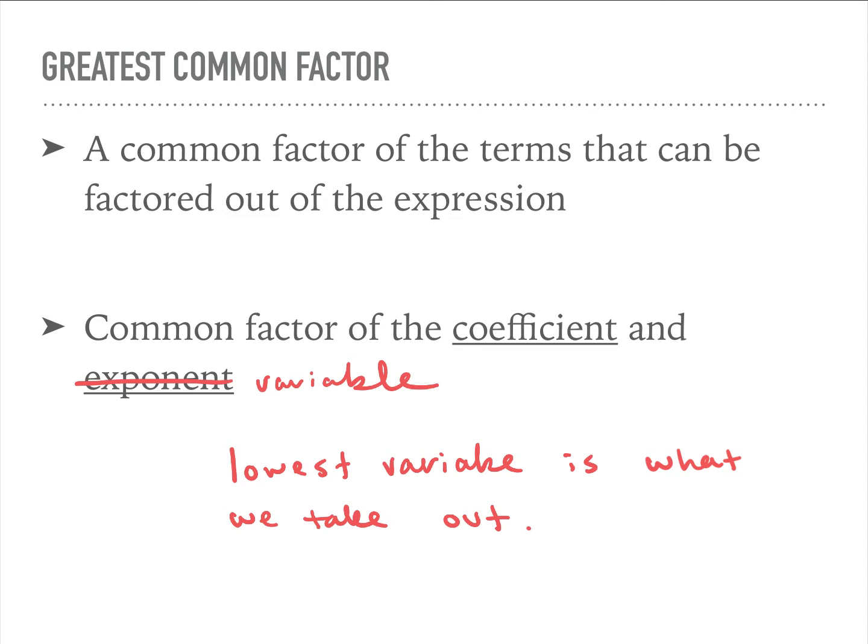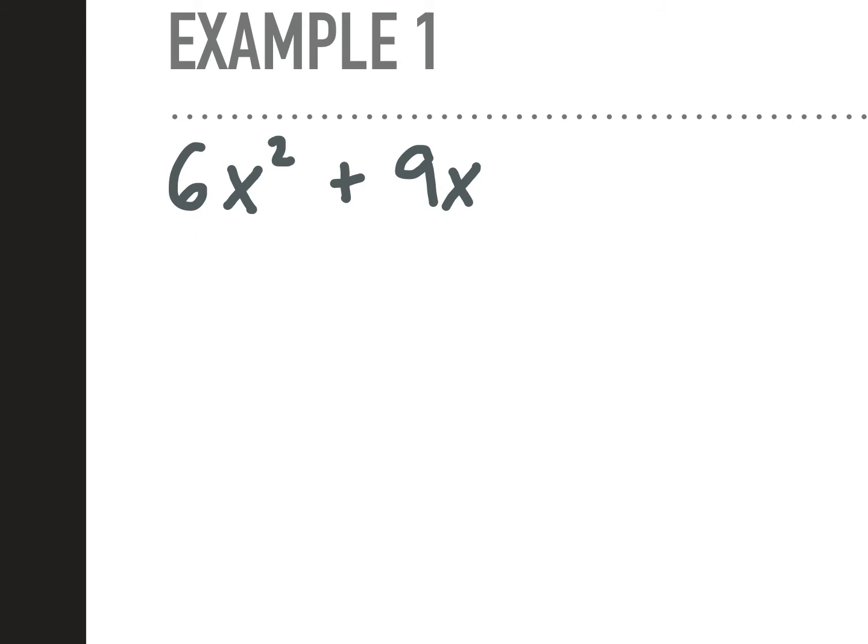So we're taking out the coefficient, we're going to take out a number, and we're taking out a variable. Two things. So we need to see, looking at the coefficients, what is our greatest common factor between 6 and 9? What number goes into both 6 and 9? 3.